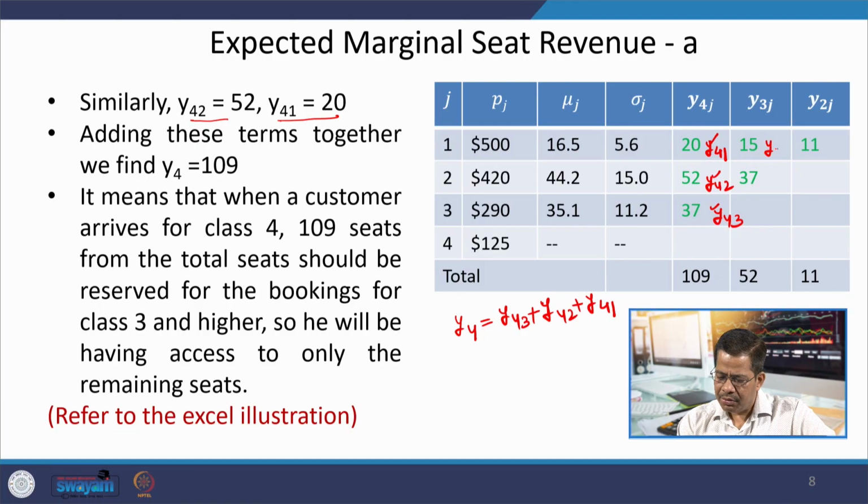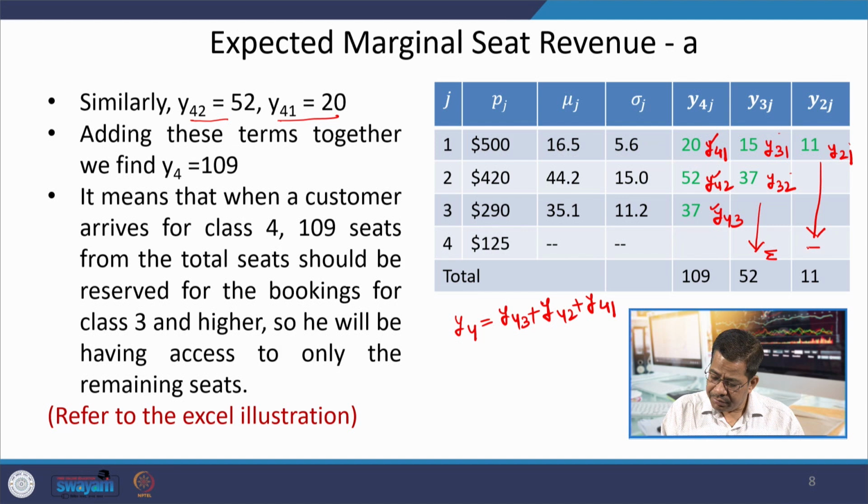This is Y 3 1, this is Y 3 2, this is Y 2 1. Now you have all the information available with you, and before you see our answer on the screen, we request you to do these calculations of Y 3 1, Y 3 2 and Y 2 1 on your own, and then you will see that these are actually the sigma of individual columns.